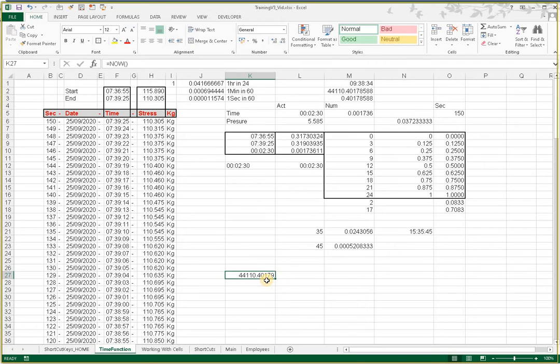So once this day is finished at 12 o'clock tonight, at the split second where the day changes, this will be 0.99999 and so on, and the split second that it clicks over, it will be 1, and the integer part will be 44,111, and the fractional part will be 0.0000, and then it will start again.